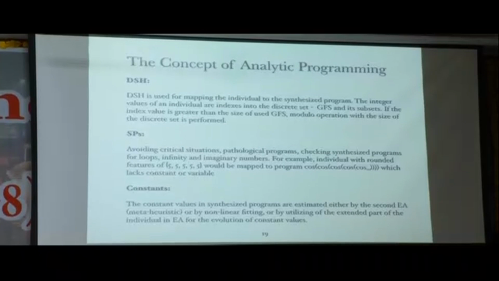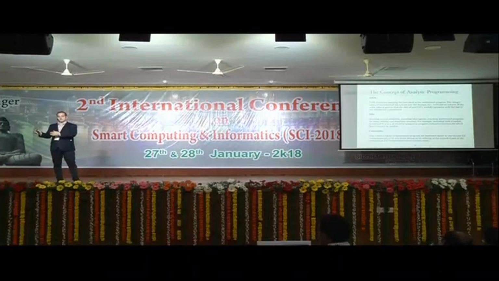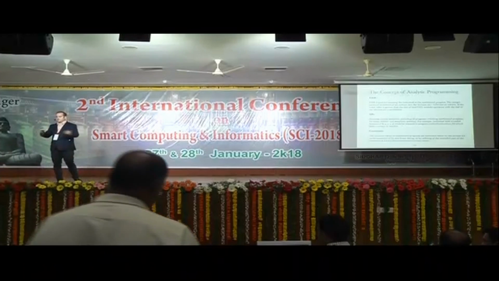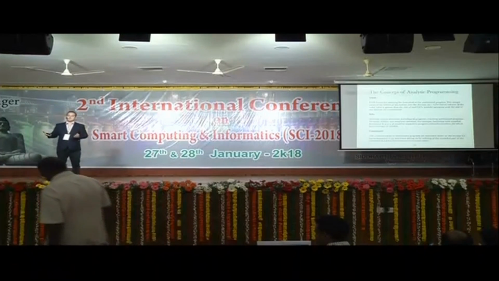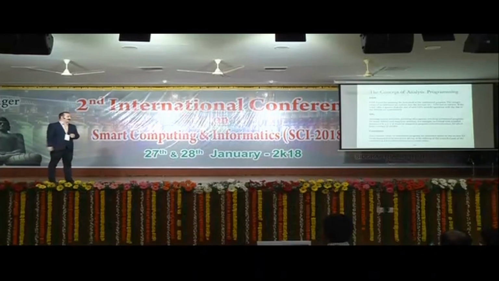So it can, for example, give us the solution, I don't know, 5, 5, 5, 5, 5, which is linked to the general function set where it's function sinus or cosinus, which will give us the cosinus of the cosinus of the cosinus of the cosinus of the cosinus and nothing more. But where is the argument? Where is some terminal? Where is some function? Where is some value? So it is missing. So this is like a pathological program, so it must be deleted from the population.